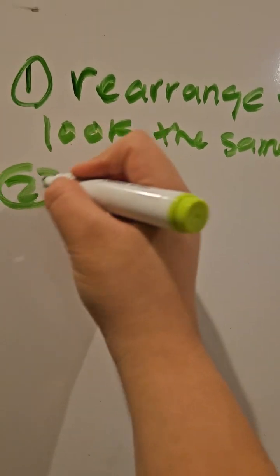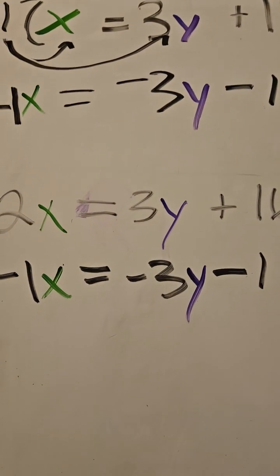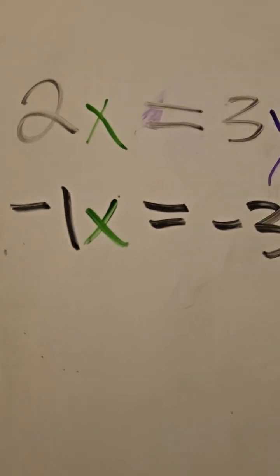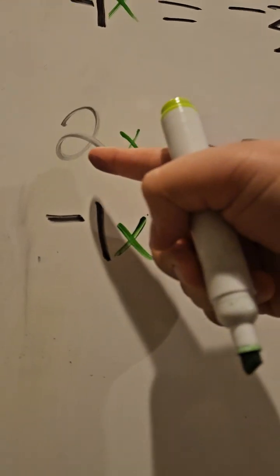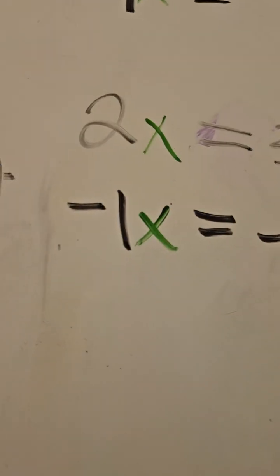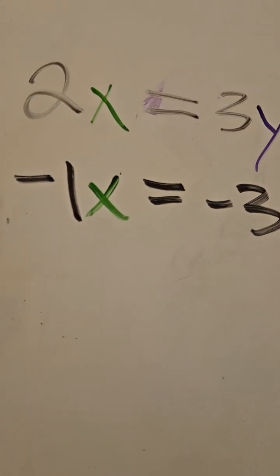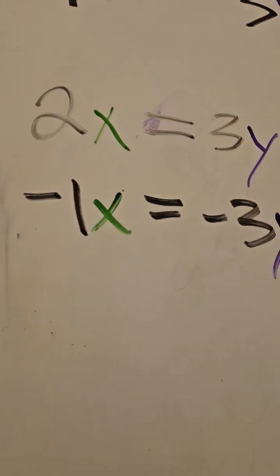And then the second thing we did was figure out if any variables had the same coefficients. So it was 2x and 1x at the beginning, and you would have to multiply by something more than just a negative, and that would be a little more complicated.